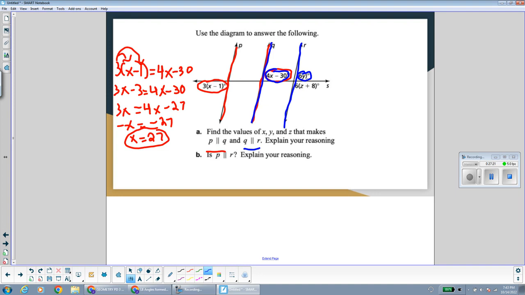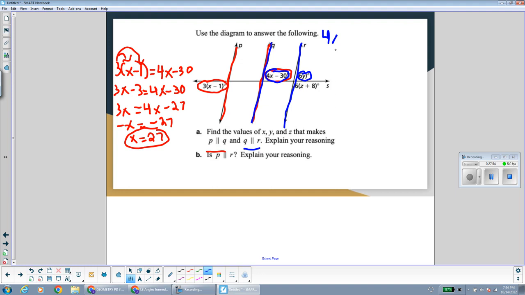Bottom left, bottom left. If the lines were parallel, then the corresponding angles would be congruent because corresponding angles are congruent when parallel lines are cut by a transversal. Since we don't know the lines are parallel, we can't assume that. But since we want the values of the variables that make the lines parallel, let's find the values that would make these angles equal.